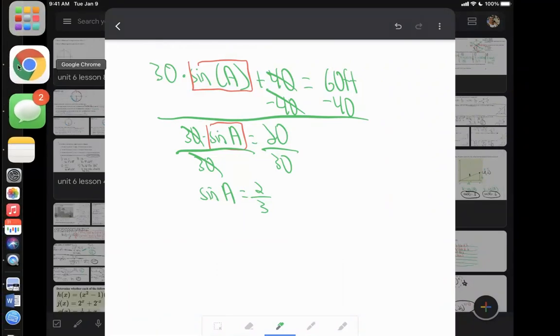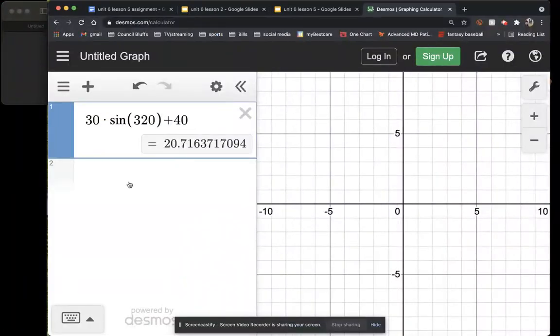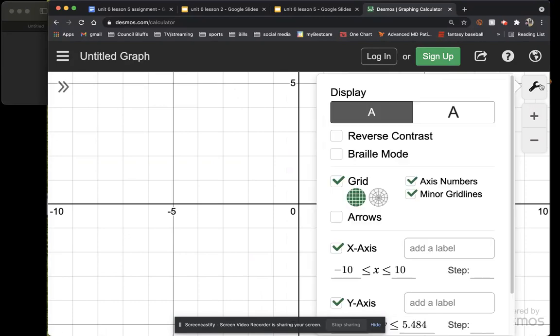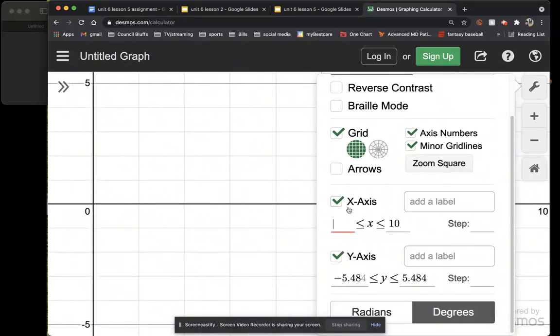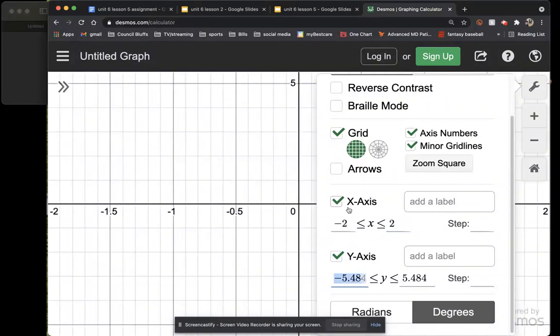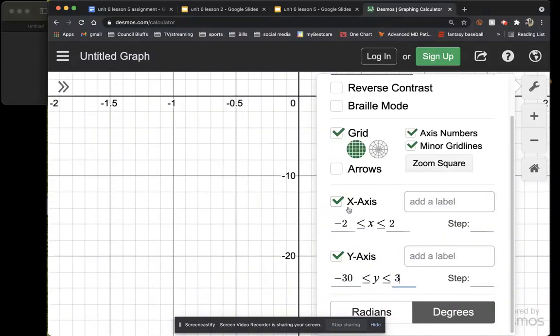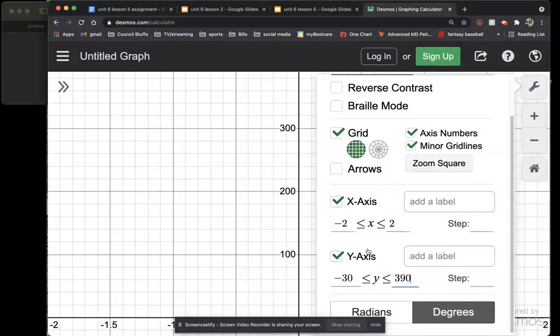So to figure that out on Desmos, I'm going to go back and graph the sine function here. We're going to do this by process of elimination. So let's take a look here. We're going to make this -2 to 2, and we're going to make this -30 to 390.